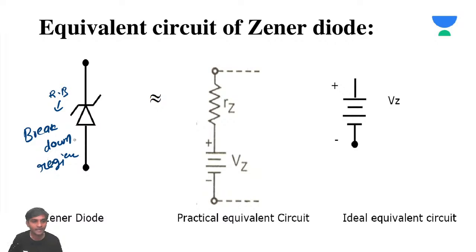When it is in breakdown, you'll have a positive VZ.